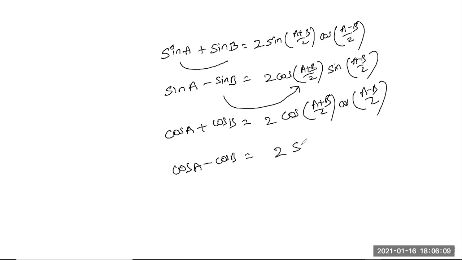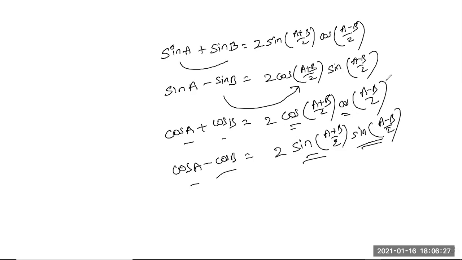It is 2 sin (A plus B)/2 sin (A minus B)/2. When it is minus you get sin and sin, when it is plus you get cos and cos. Just cross check, and if there is anything different, let me know.